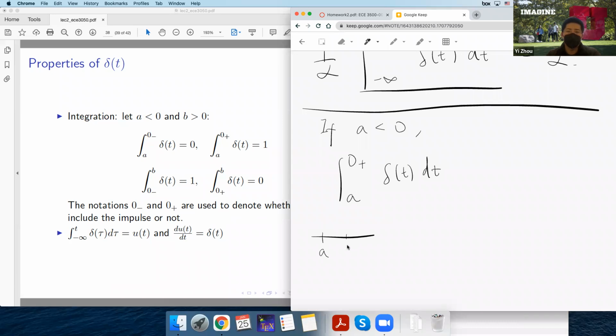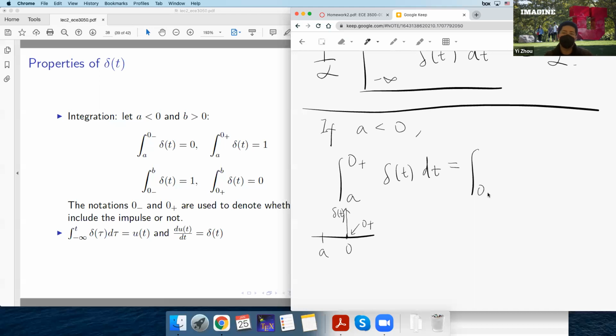This is 0. And 0 positive is to the right. And the impulse, the delta signal, is right on the original point. Because the delta signal is 0 everywhere else, there's nothing between a and the 0 negative.